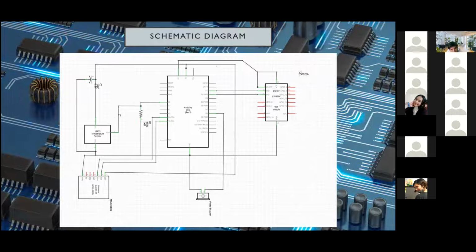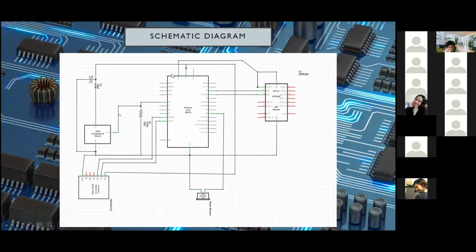So we have used the LM35D as it can measure the temperature from 0 degrees Celsius to 100 degrees Celsius with 10 millivolt per degree change in temperature. This sensor basically senses temperature and produces a corresponding voltage from its output pin.